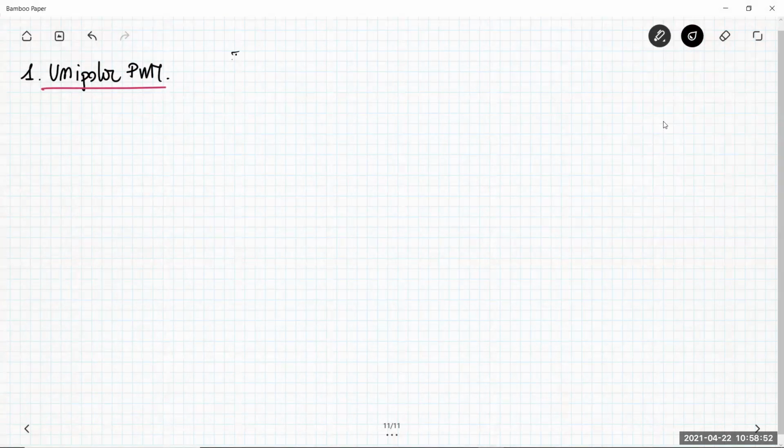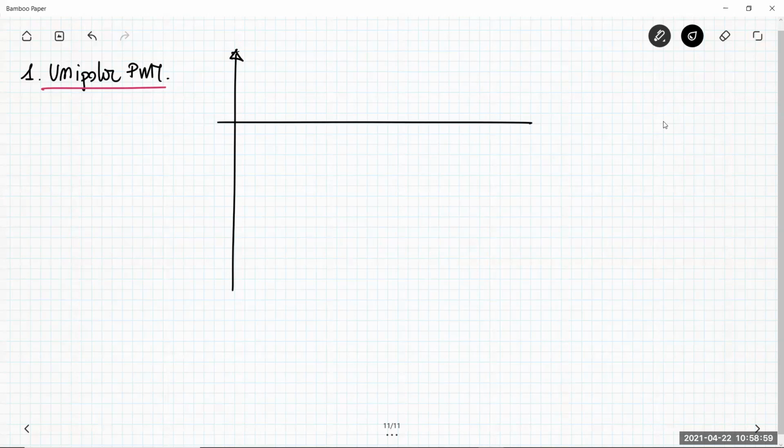Let's be prepared to draw several graphs. Let's start with the basic waveforms that you can find in the modulator.